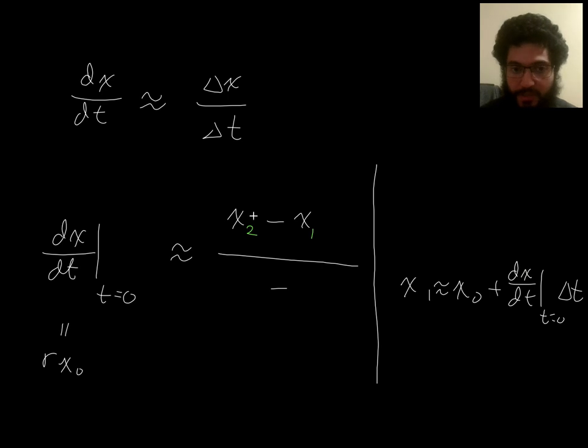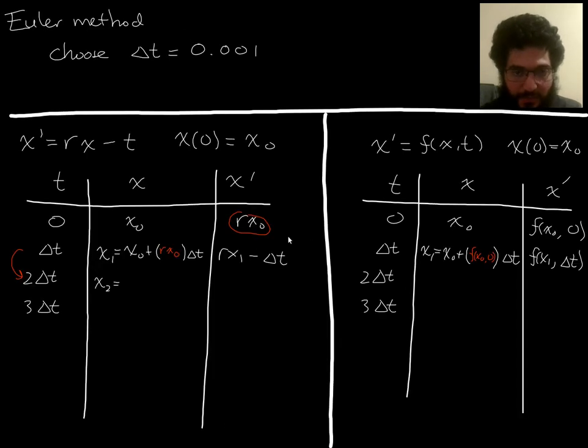This is how much x increased by from x1 to x2, or decreased if it ended up being negative. And the time is going from delta t to 2 delta t, and this is the total change. We are approximating this now by not dx dt at time 0, but dx dt at some time between delta t and 2 delta t. Well, we only have it at time delta t. So this is what goes here, and that will be r x1 minus delta t, right? So that's what we put there.